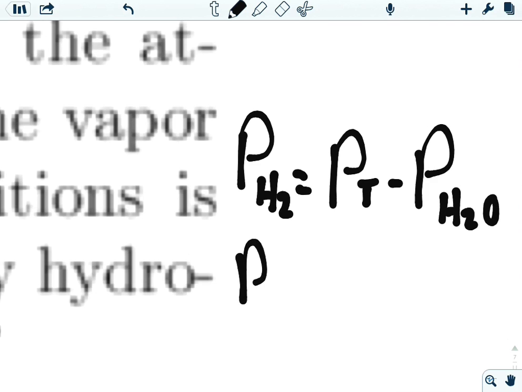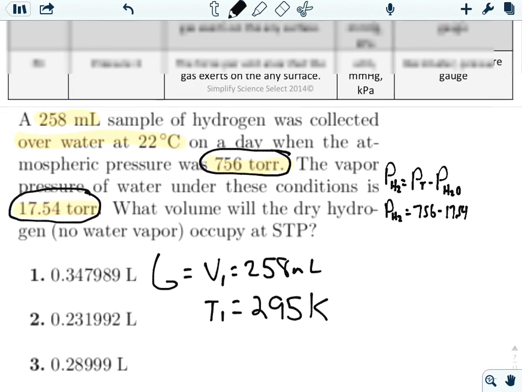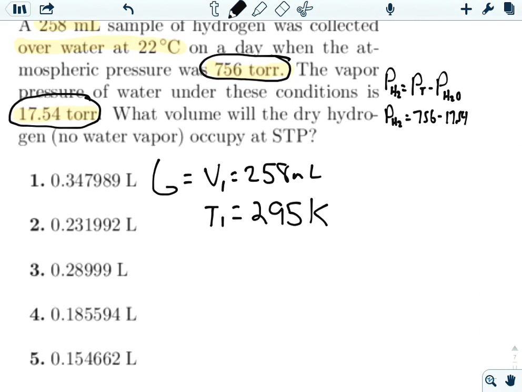So the pressure of hydrogen gas equals the total pressure, 756 torr, minus 17.5, and we get a pressure of our hydrogen gas, which in this case is our P1, of 738.46 torr.